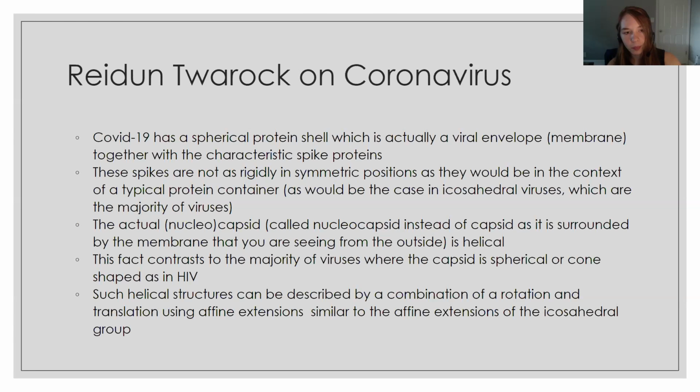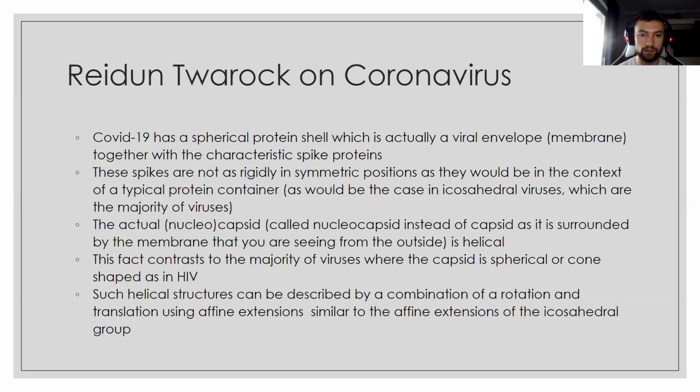So, to work on coronavirus, COVID-19 has a spherical protein shell, which is actually a viral envelope or membrane, together with the characteristic spike proteins. These spikes are not as rigid in symmetric positions as they would be in a typical protein container, as is the case in icosahedral viruses, which are the majority of viruses.